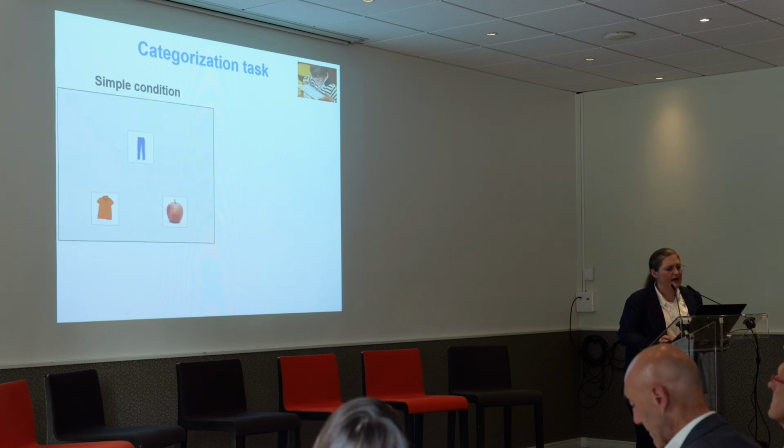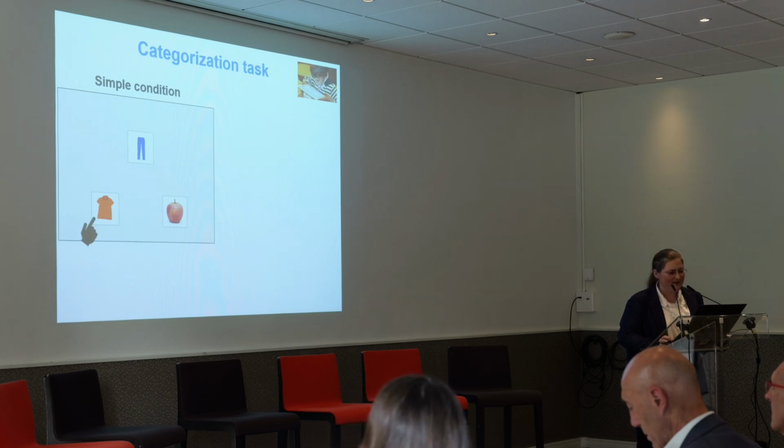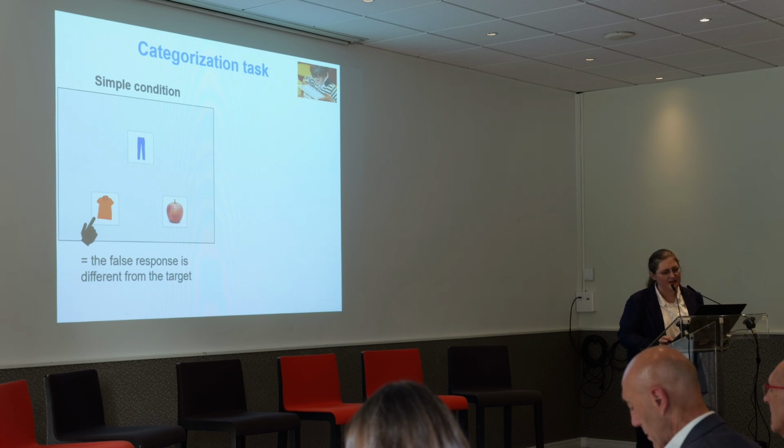This time you do not have to find the same. You have to find the one that goes well with the picture above. So basically, here you have to find the close one. The false response is totally different from the target in the simple condition, whereas in the difficult condition, it is closer.